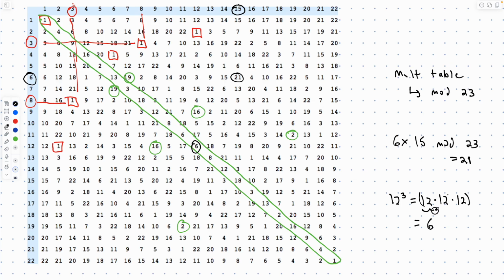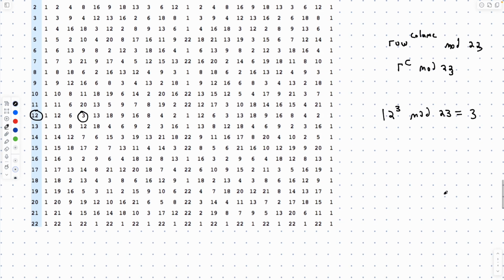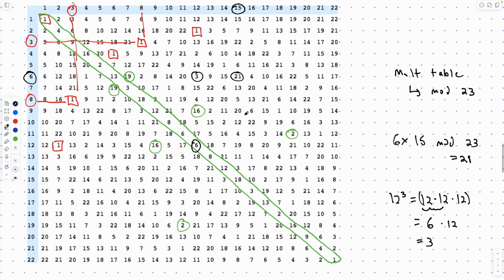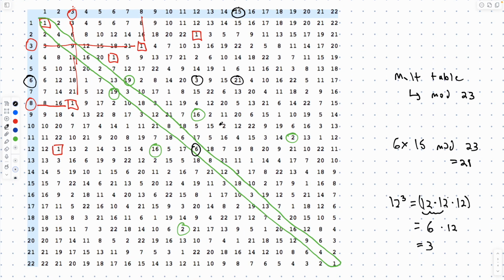So that would take care of these two 12s. I still have to multiply it by 12 again. What's 6 times 12? 6 times 12 is 3. Equals 3, which is the result that we got from this table itself. So this table is nothing special. Everything you need from this table is in the multiplication table. It's just you have to multiply things by themselves.